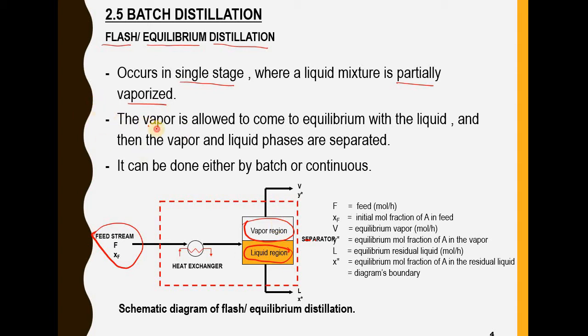So the vapor is allowed to come to equilibrium with the liquid, and the vapor and liquid phases are separated. We separate the vapor and the liquid accordingly. It is also mentioned here that this process can be done by batch or continuous, but for this we will see it as a batch process.